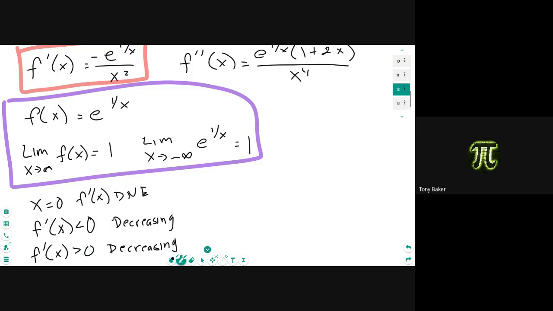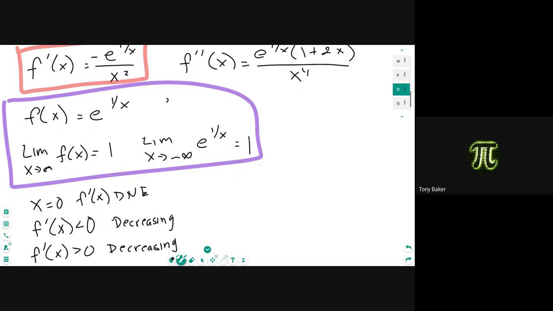So if it's decreasing to 0 and decreasing after 0, that means I do not have a minimum or a maximum at 0, correct? Okay, what's happening at 0 in my original problem? It doesn't exist, right? Because it's 1 over 0.